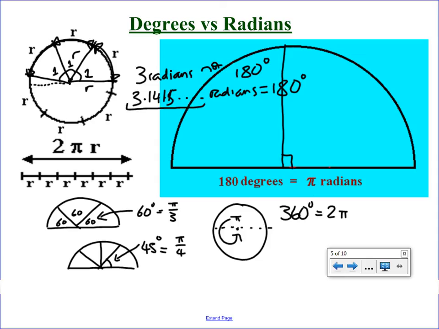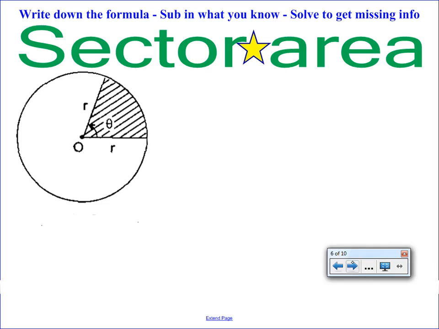So when you say pi, you mean 3.14159 and so on. So pi is a number, 3.1415, and pi radians is 180 degrees, and 2 pi radians is 6.28 something radians. That's 360 degrees. And it's radians we need for these formulae.